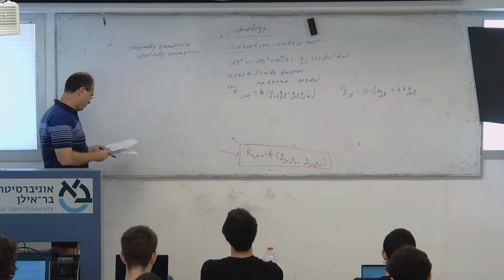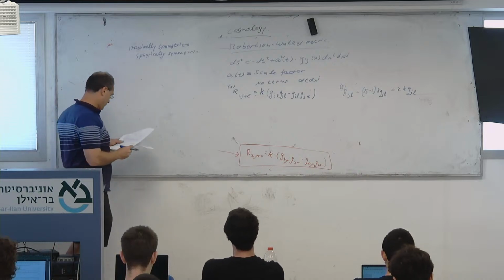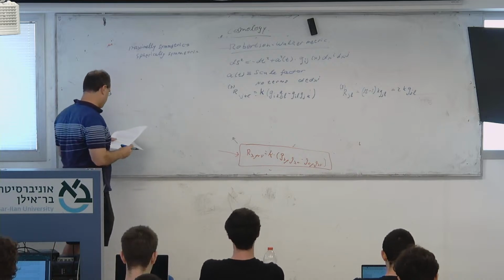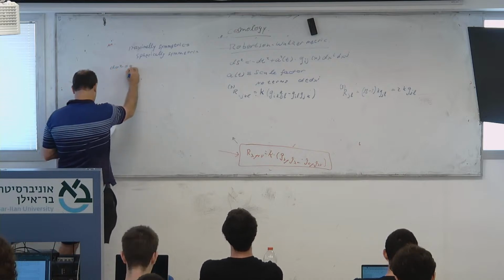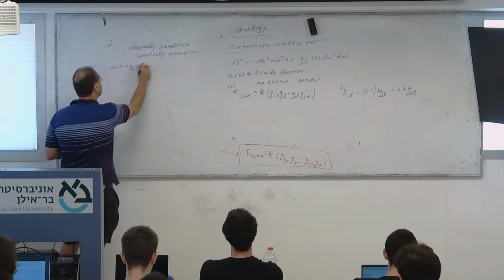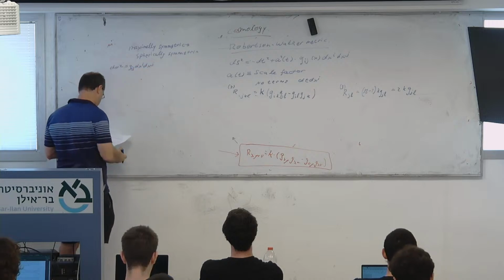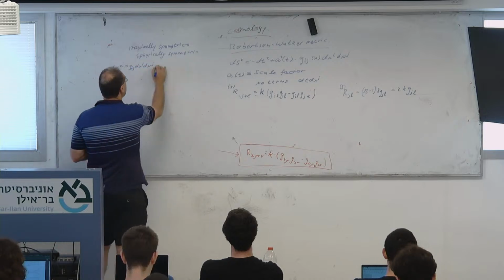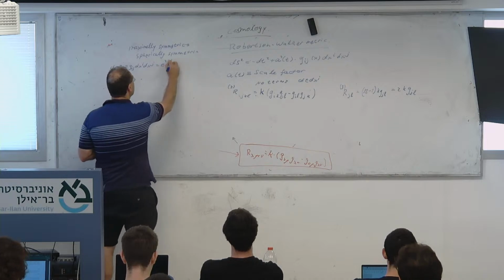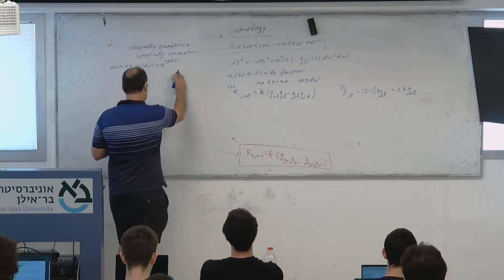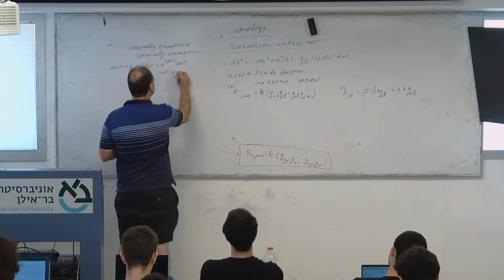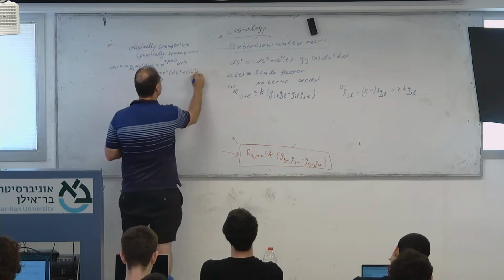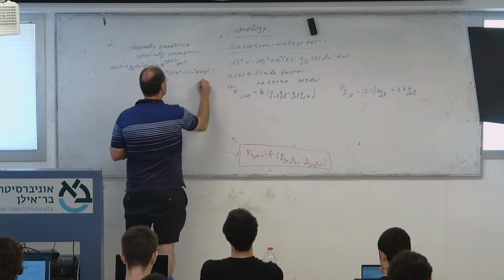So from the Schwarzschild metric, we have again just a spatial part: d sigma squared, g_ij dx^i dx^j. We can write it as e to the power 2 beta of r, dr squared, plus r squared times d theta squared plus sine squared theta d phi squared.